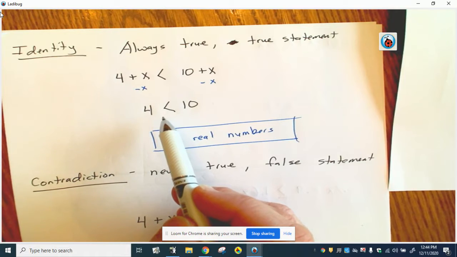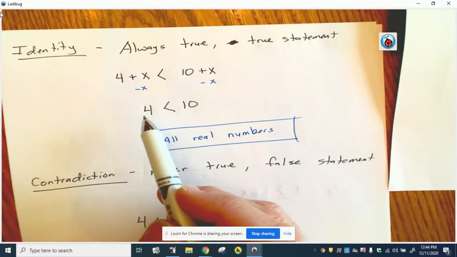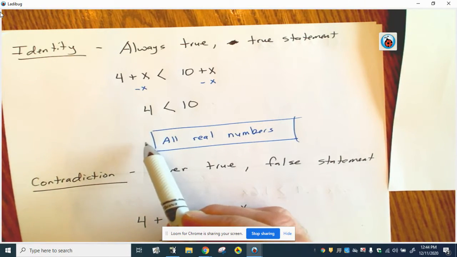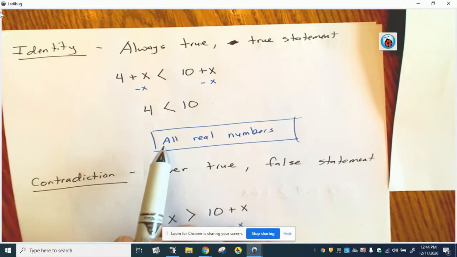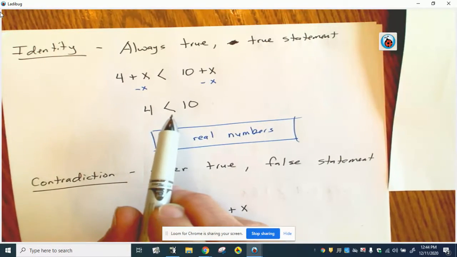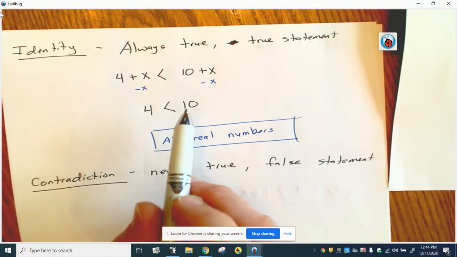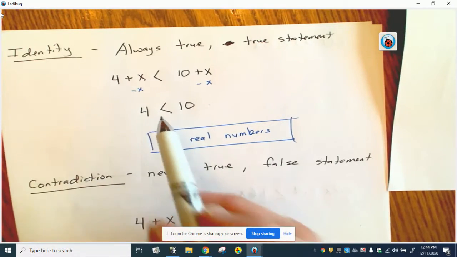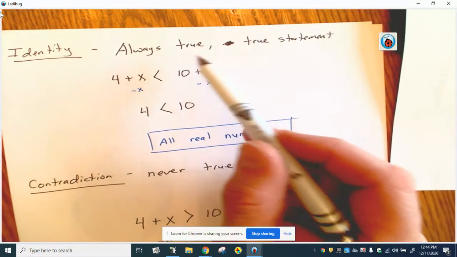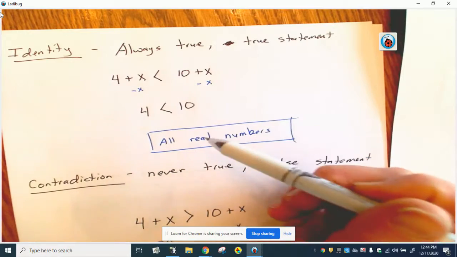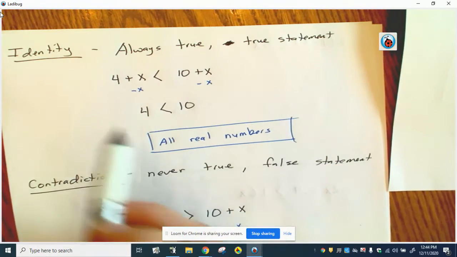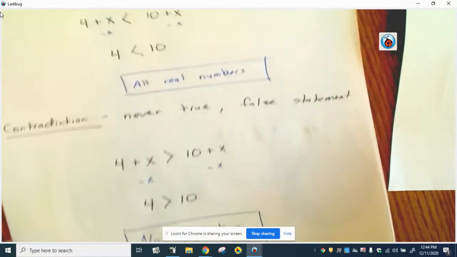Remember before, we had, if it was a true statement, that was all real numbers. Well, now it's a little easier to get a true statement. Yes, 4 is less than 10. So that's a true statement. If that's always true, or it just comes out to be a true statement, the answer is that's all real numbers. We call that an identity.